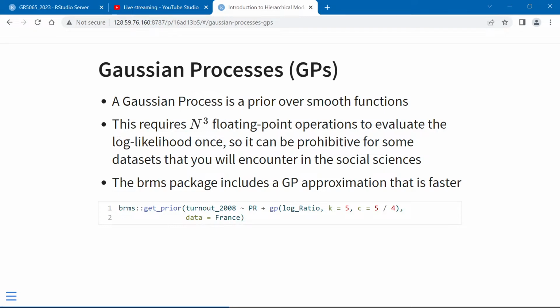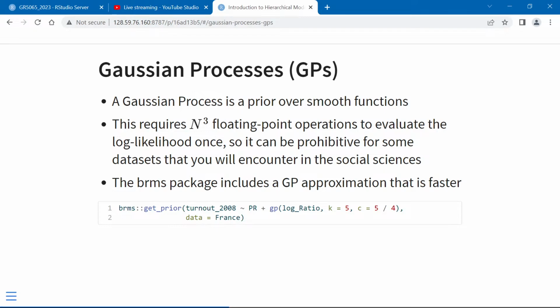And each time it takes 1,000 cubed multiplications and additions and subtractions. So that's like 1 billion, so like 1 million billion floating point operations to get draws from the posterior distribution.